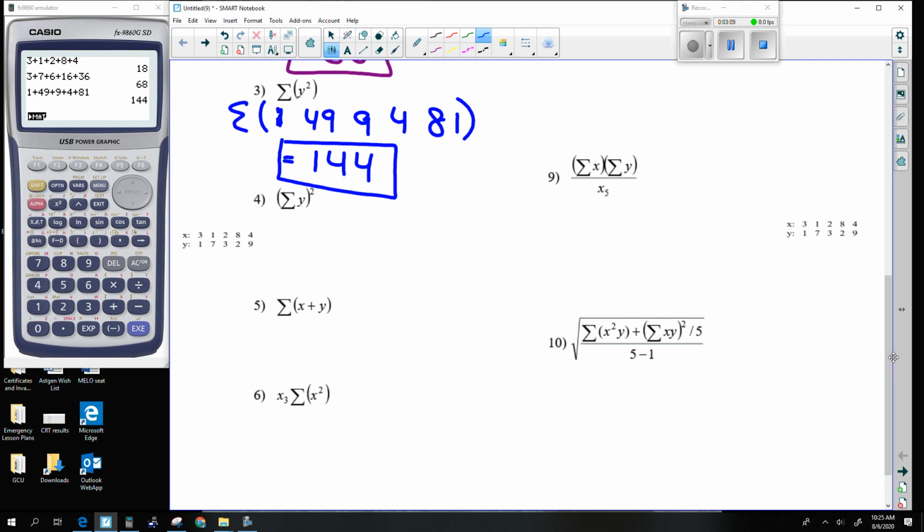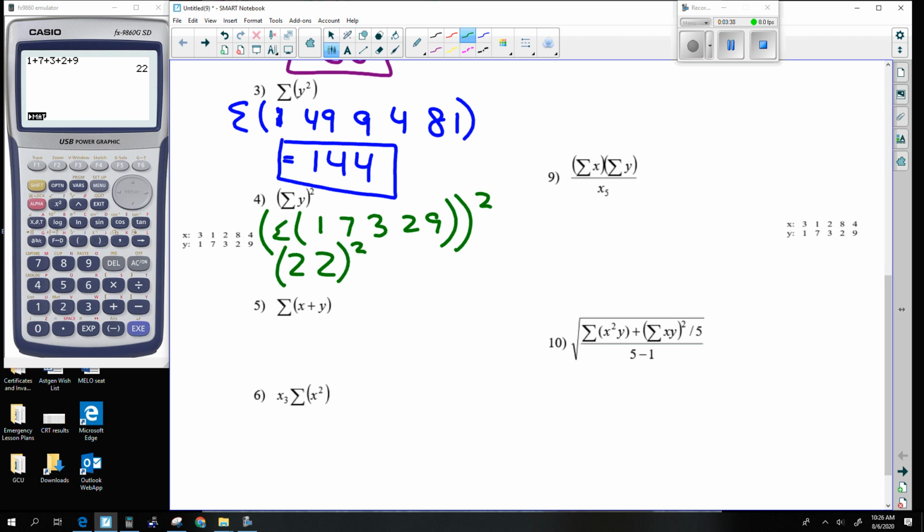So I need to take the sum of y, which is 1, 7, 3, 2, 9, the sum of y, which is 22, and then square it. Two different things.